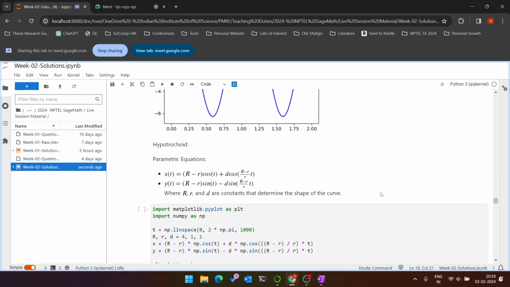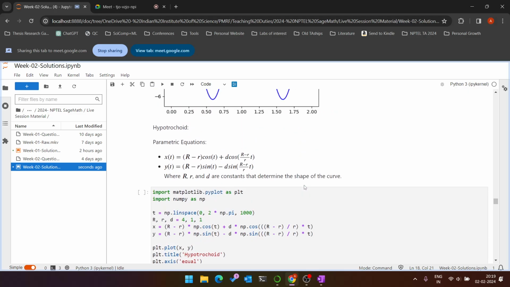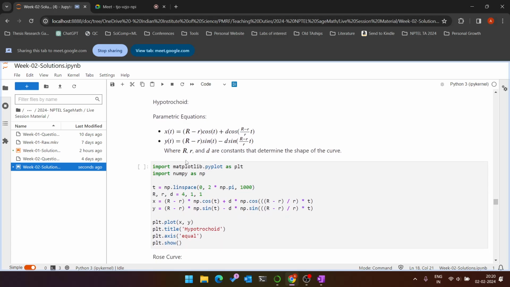Okay, this is called a hypotrochoid. So what this plot does is it basically tracks a particle which lies on the edge of a circle and tries to see what sort of motion the particle will go through.